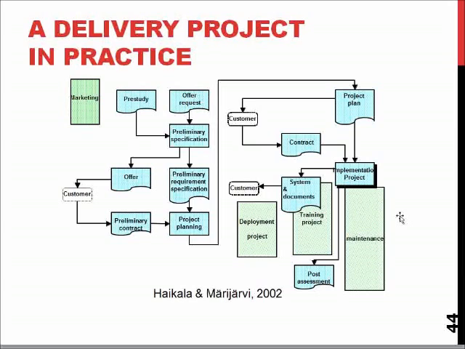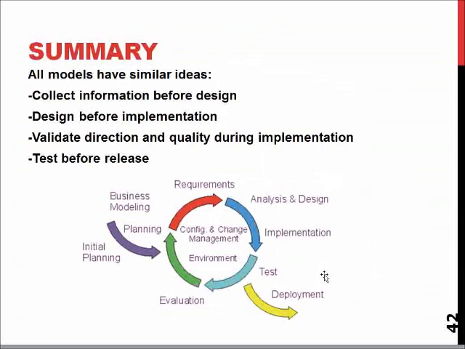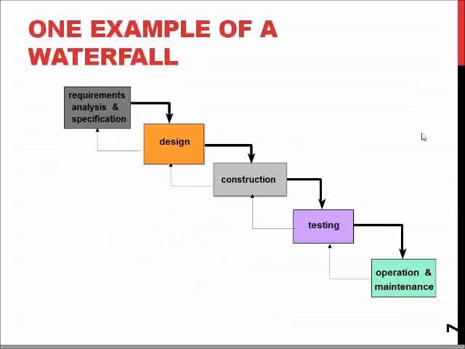In practice, you have things like marketing or pre-studies or offers or contract negotiations here and there, and even the training, deployment and implementation can be different projects. So what you end up doing in real life is not only more complicated than this, it's more complicated than this, and especially it's way more complicated than this.